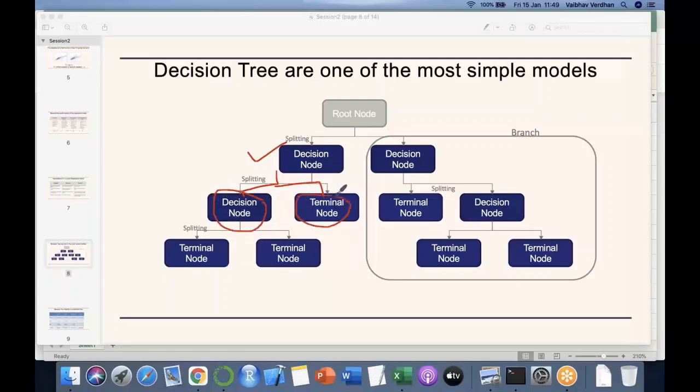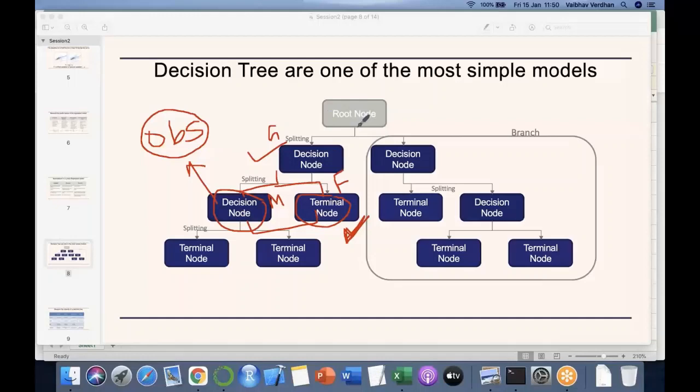What it means is that they should be very different from each other, and they should have observations which belong to the same category as much as possible. Let's say I'm doing a split based on gender: this is male, this is female. I would try to keep all the female population in this one as much as possible. So in a decision tree, that's what you want to achieve.